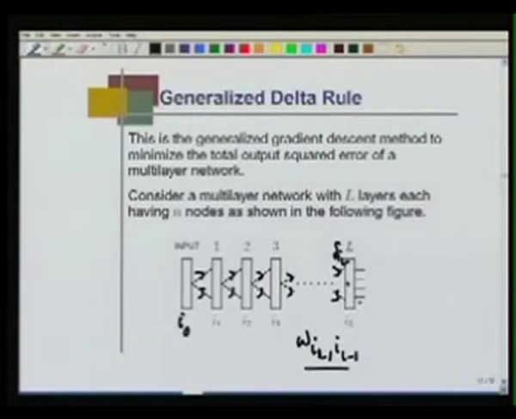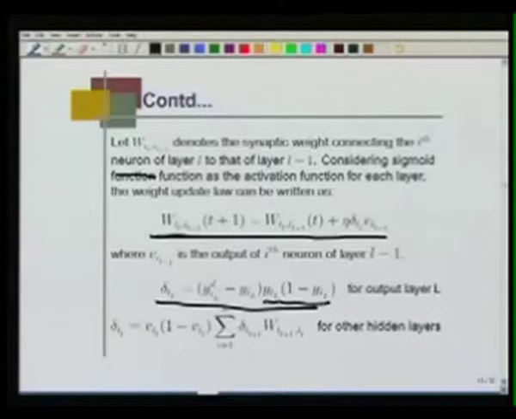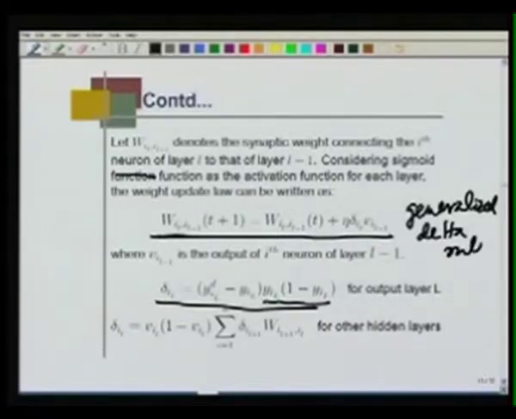Okay. For example, if I take L equal to 2, then this is the layer. L equal to 3, then this is the layer. L equal to 1, then this is the layer. L equal to capital L, and this is the layer. Okay, so this is the generalized delta rule.